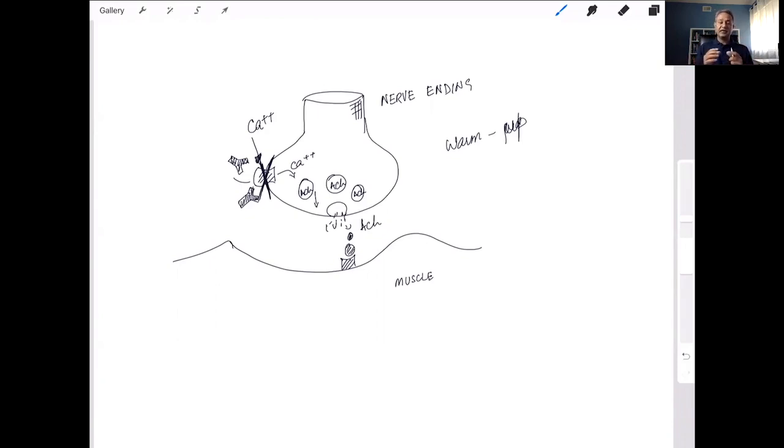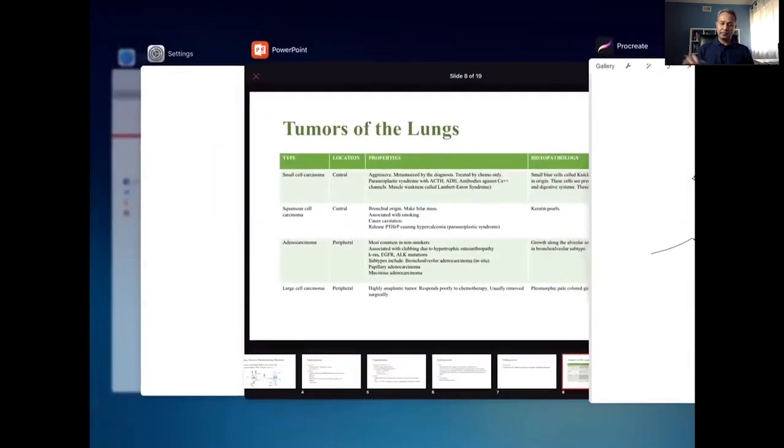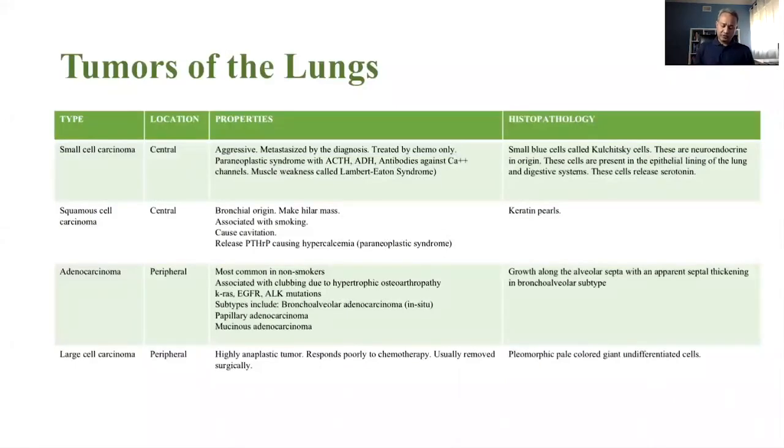So this is the Lambert-Eaton syndrome. Remember, myasthenia gravis affects the postsynaptic receptors, while Lambert-Eaton syndrome antibodies affect the presynaptic calcium channels. Alright, so that is one important one in the small cell carcinoma.